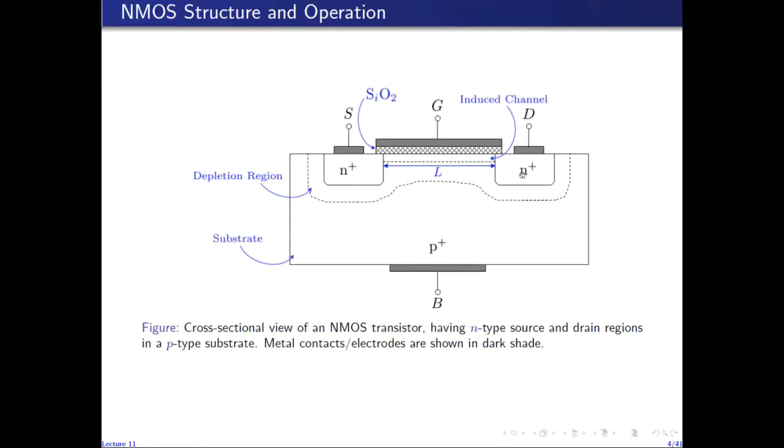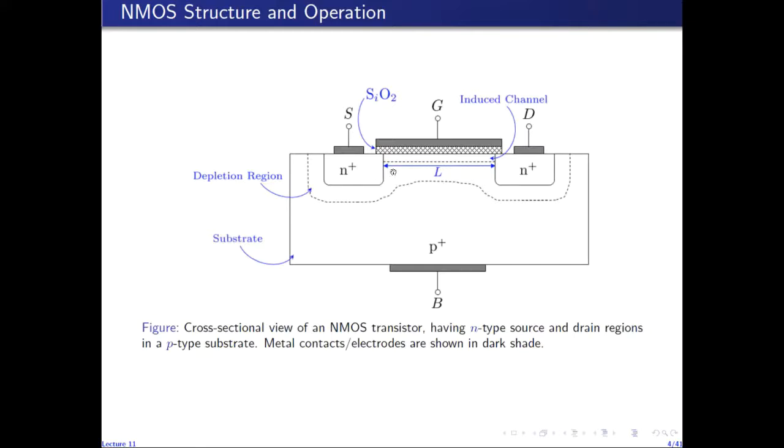One of the diodes is formed by the P-N junction between the drain region and the substrate, and the other is formed by the P-N junction between the source region and the substrate.